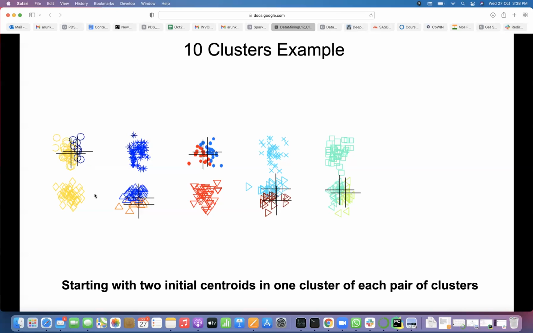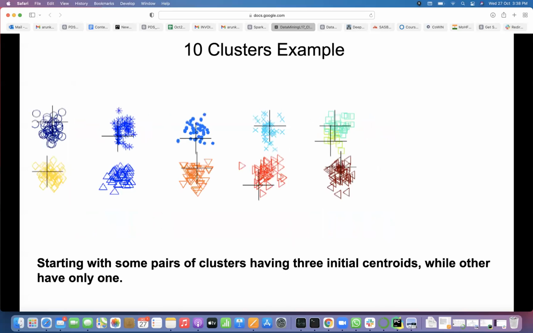When you start with different centroids, you get different clusters. Maybe the last one nicely got 2 different clusters. In the middle also, you got blues and reds separated, though of course one outlier is there. This starts with 2 initial centroids in 1 cluster of each pair of clusters.